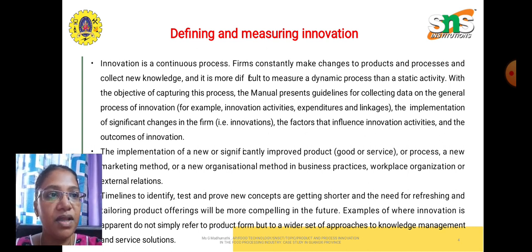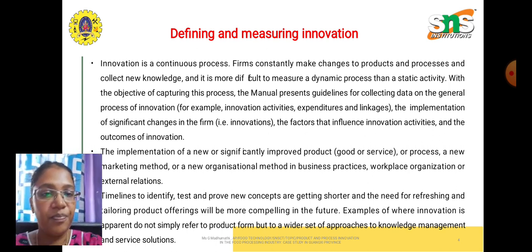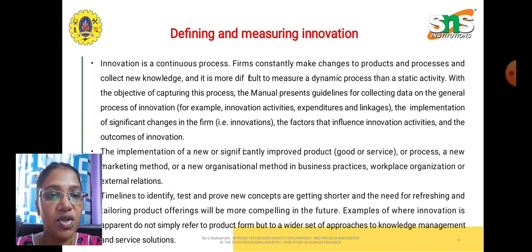So here they are collecting data on the general process of innovation and the implementation of significant changes in the firm, the factors that influence innovation activities, and the outcomes of innovation: the implementation of a new or significantly improved product or process, a new marketing method, or a new organizational method in business practices, workplace organization or external relations.